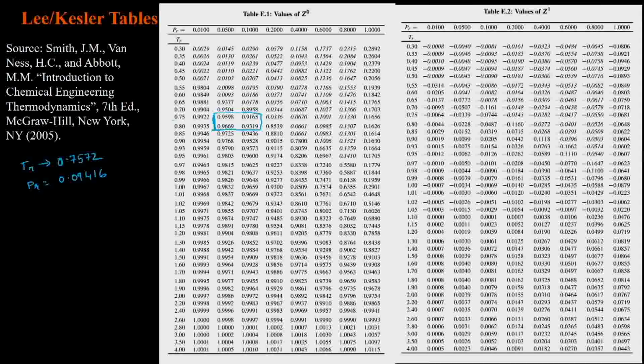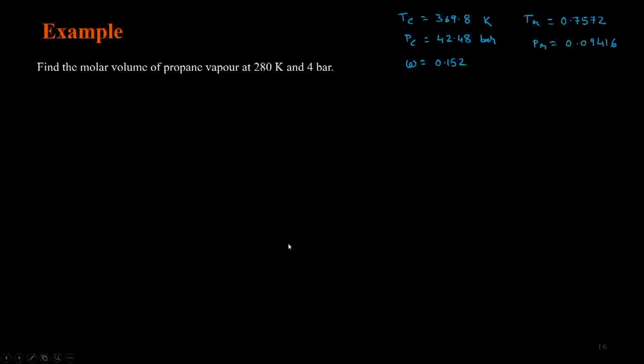So I have to do a linear interpolation, and in this case, I don't have the numbers for the exact TR or for PR, so what I will end up doing is what we call a double linear interpolation. So we're going to do a linear interpolation on the pressures first, and then on the temperatures, or we could do it vice versa, right? So what we will do is write these numbers. TR is going like this, 0.75 and 0.8.